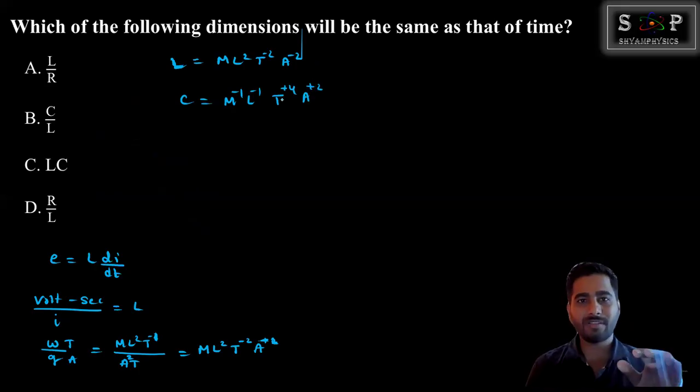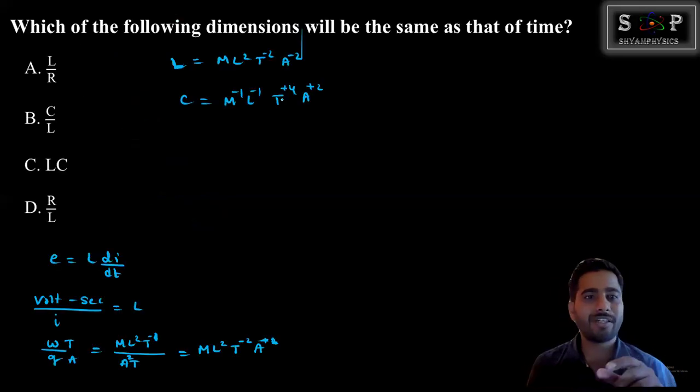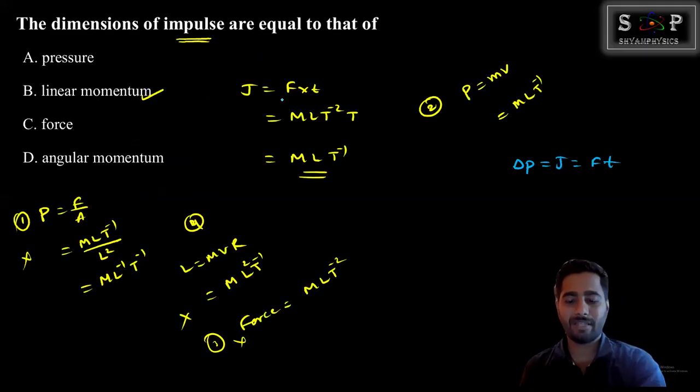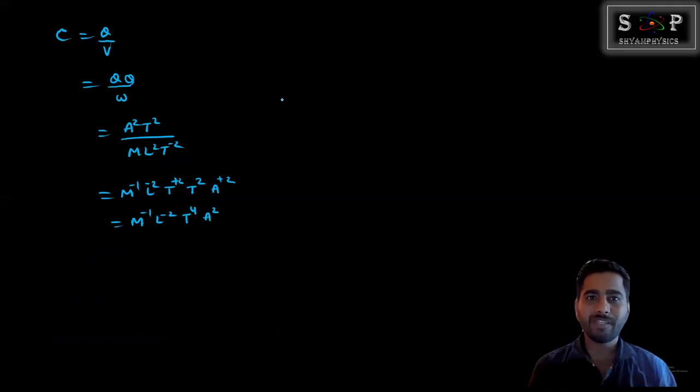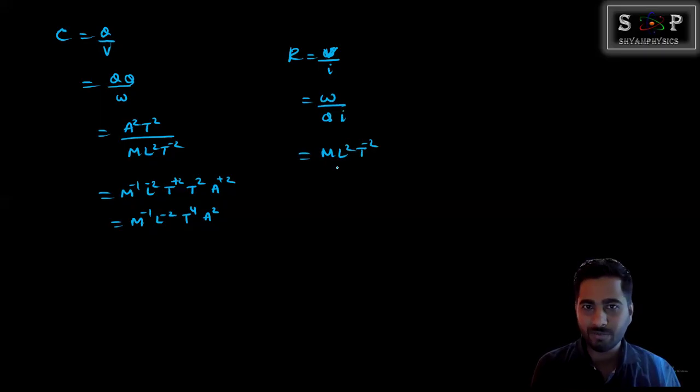Okay, for sequence, exactly matching. Good. Next, resistance is pending. If I want to calculate resistance, resistance is equal to volt by current. Voltage is nothing but work done per unit charge into current. Work done m L2 t to the power minus 2 divided by charge, which is ampere times time, and one more current, ampere, will be square.